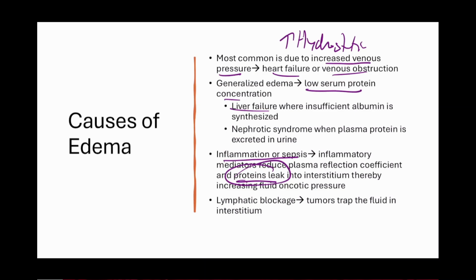When that happens, what happens to the pressure of the suck? Decreases. We have protein in the interstitium. So in this case, is fluid going to be filtered out into the interstitial space, or is it going to be pulled back in when you have inflammation? It's going to leak out.